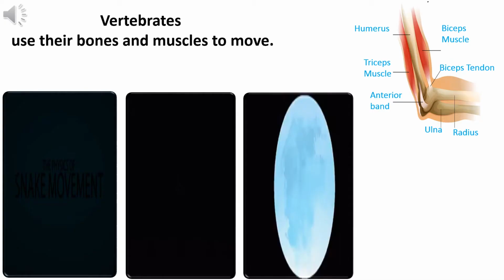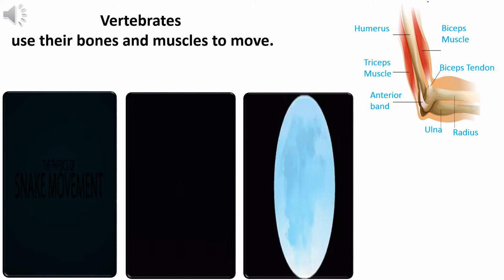In vertebrates, bones and muscles help them in their movement. For example, in humans, we will consider the elbow joint. You know, the upper arm is made out of a single bone called the humerus, and the forearm is made out of two thin bones named ulna and radius. Here we can see these bones are attached with muscles and tendons.